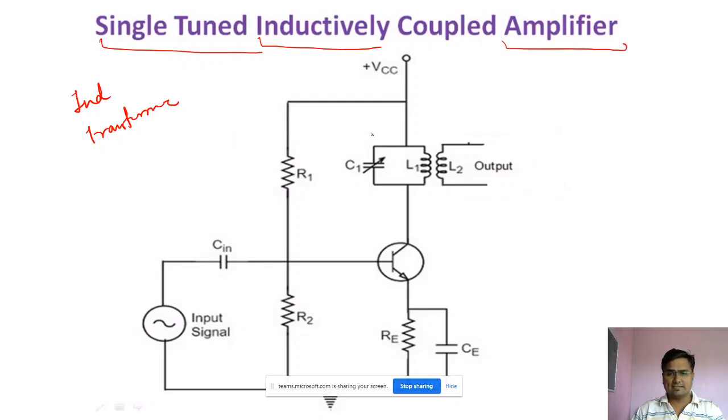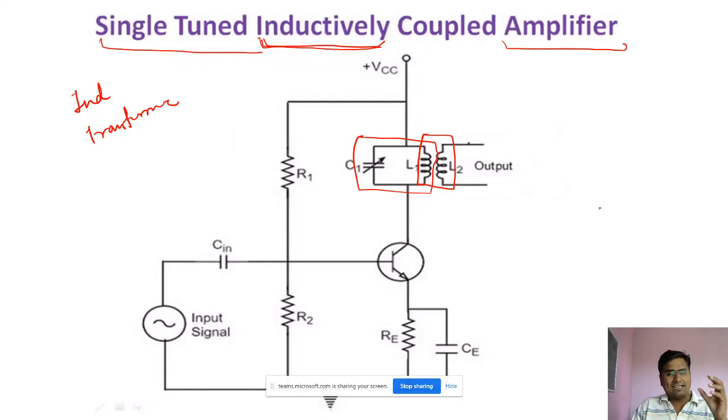Obviously this tank circuit will remain as it is at the collector, but the output of that tank circuit is coupled via an inductor. That's why it is called inductively coupled. If you connect a coil or an inductor, your single tuned amplifier will become an inductively coupled amplifier.